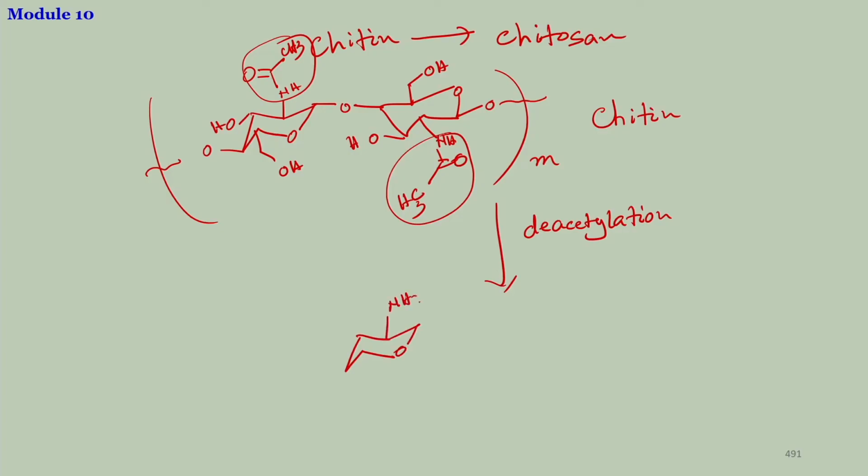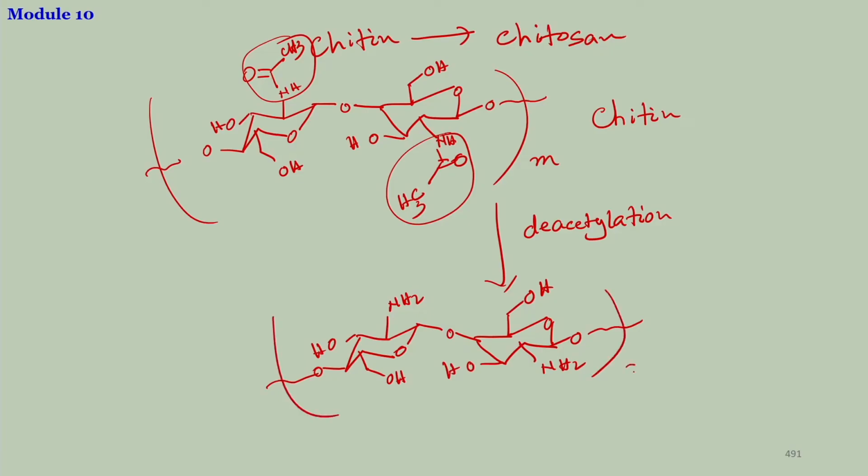So, you have a free amine group now, that you can extend. CH2OH, this, and then you have here is OH, O goes on, here comes the amine, and here is OH.